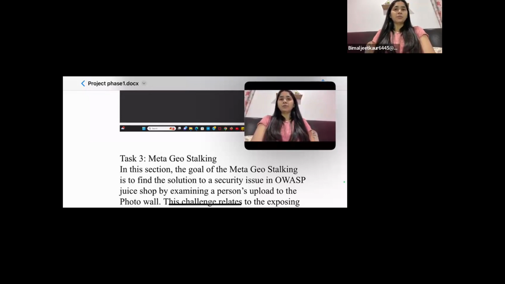To address the issues related to the meta geo-stalking challenge and sensitive data exposure, we can use two measures. First one is the access control and data protection, and second one is the secure file uploads. In the access control and data protection, we implement robust access control mechanisms to restrict unauthorized access to sensitive information such as security question answers, and additionally ensure that sensitive data is adequately protected and access to it is logged and monitored.